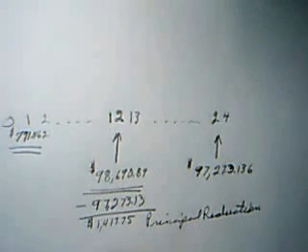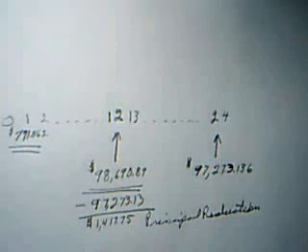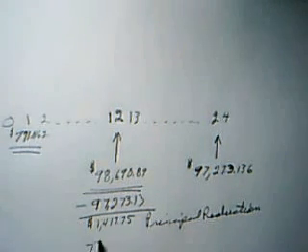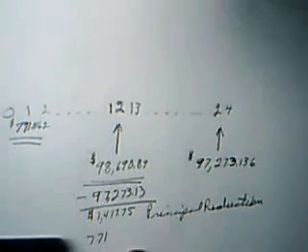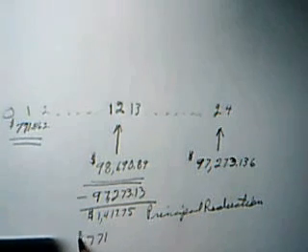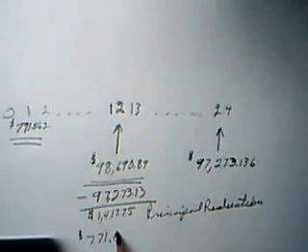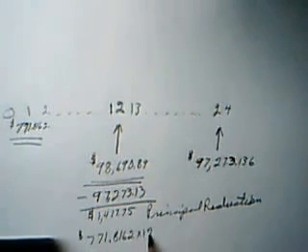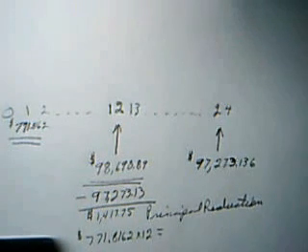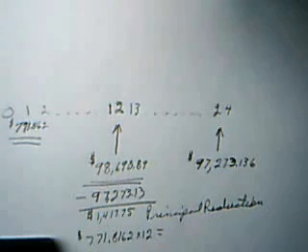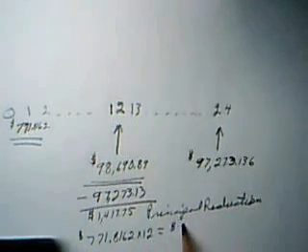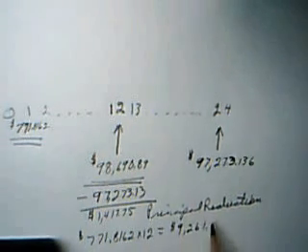Now we're going to pay during year 2 12 payments of $771.8162, which is $9,261.79.